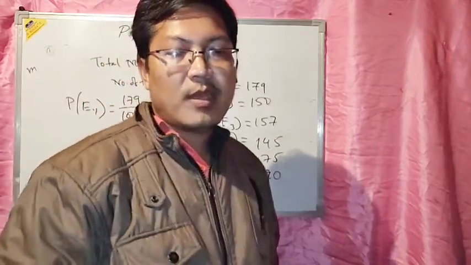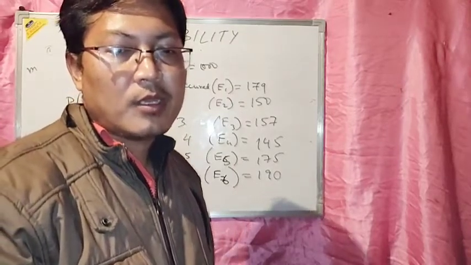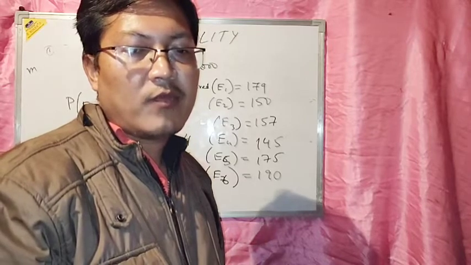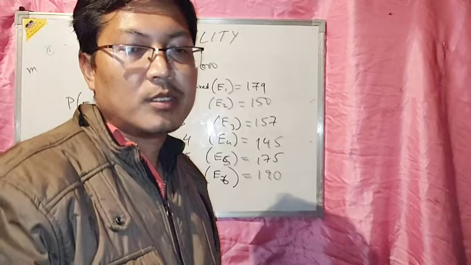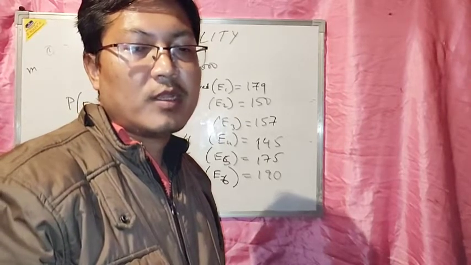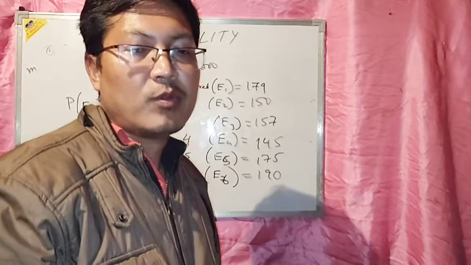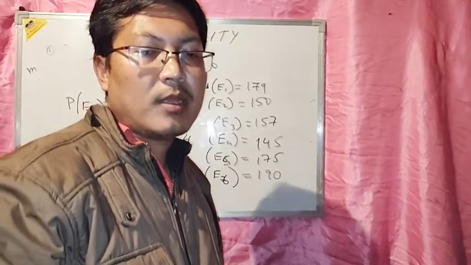Example 4. It is given that on one page of a telephone directory there were 200 telephone numbers. The frequency distribution of the unit place digit is given in a table.